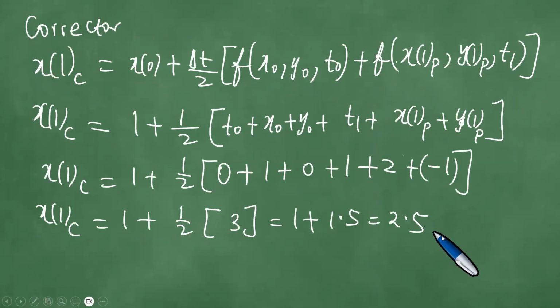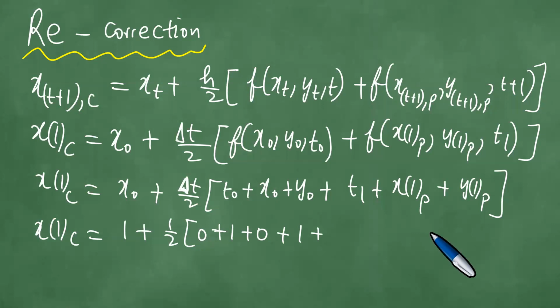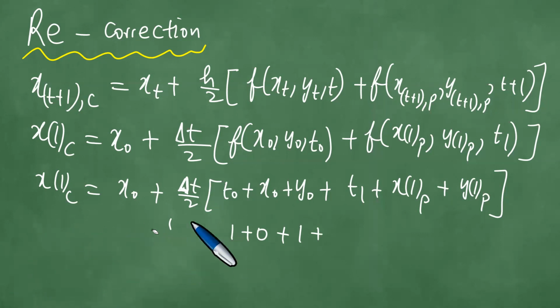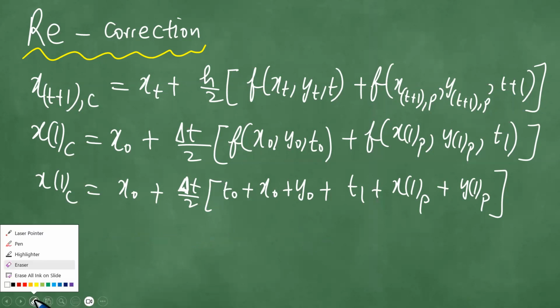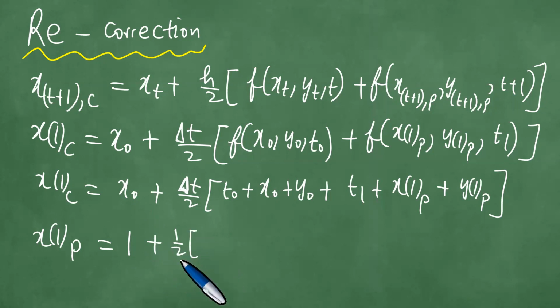Right, okay, when do the recorrection, because this is 2.5. So when you do the recorrection, let me just make it easier here. Okay, to make the recorrection easier is to use the following approach. So you're gonna say the x1 correct is x0. For x0 you put 1 because that's what it is. Then you have 1 over 2.